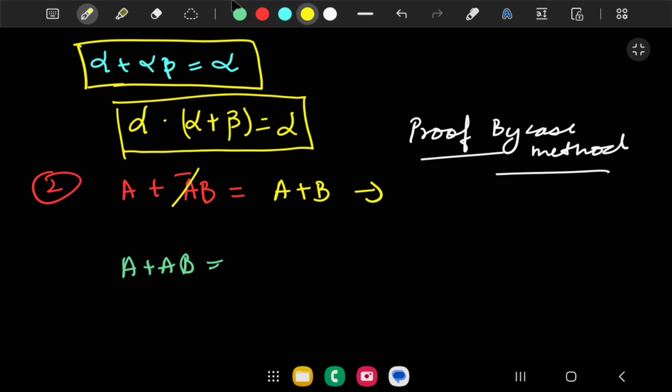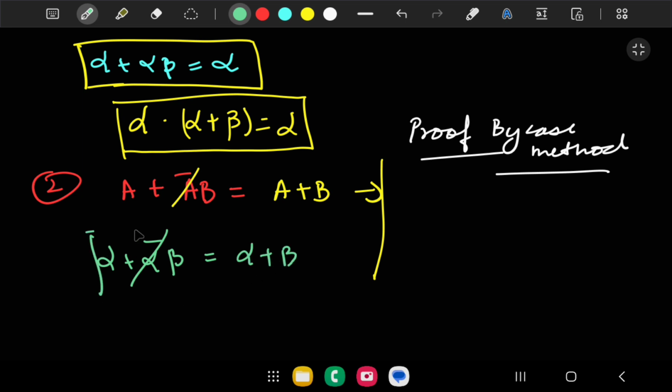So by proving it by the case method, if you have anything plus its complement into beta, then you can remove its alpha complement and you can get alpha plus beta. This is your another property. So this is again the idea.